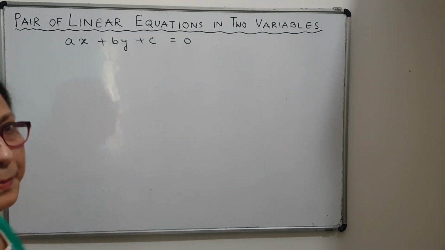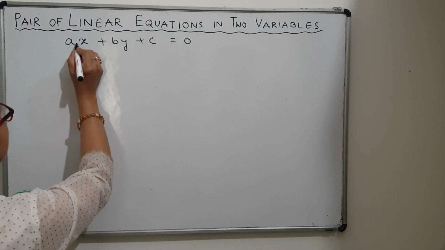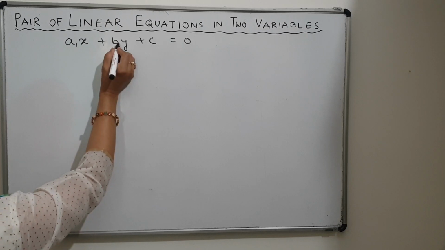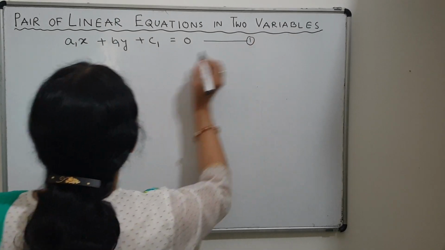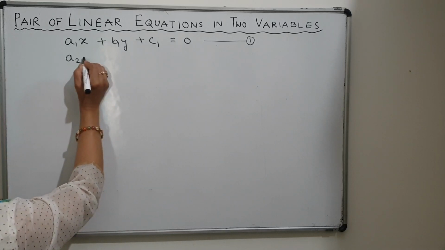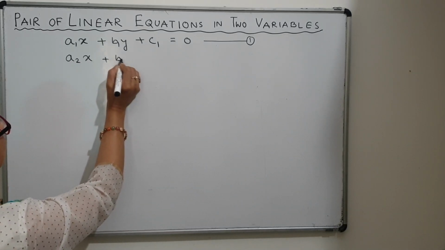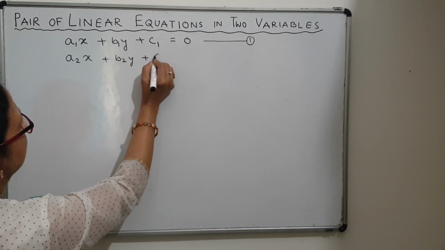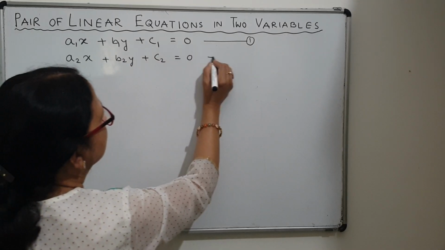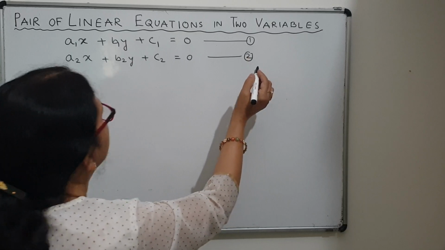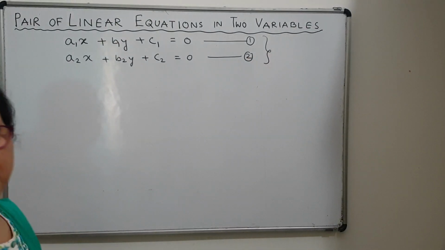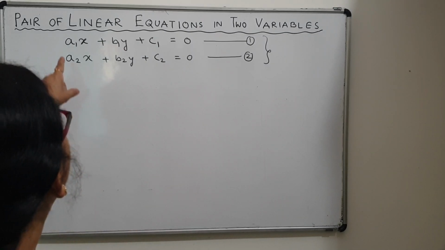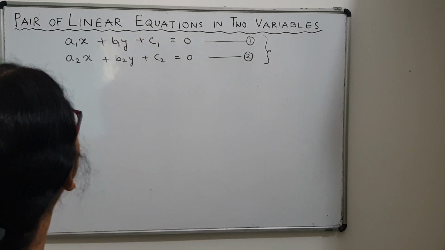Now since I'll need a pair, I take this as the first equation, so that I put 1 in the suffixes for denoting the coefficients in the first equation. Then similarly the second equation can be written in this way. So this forms the pair of linear equations in two variables. Now again, what condition is to be fulfilled?